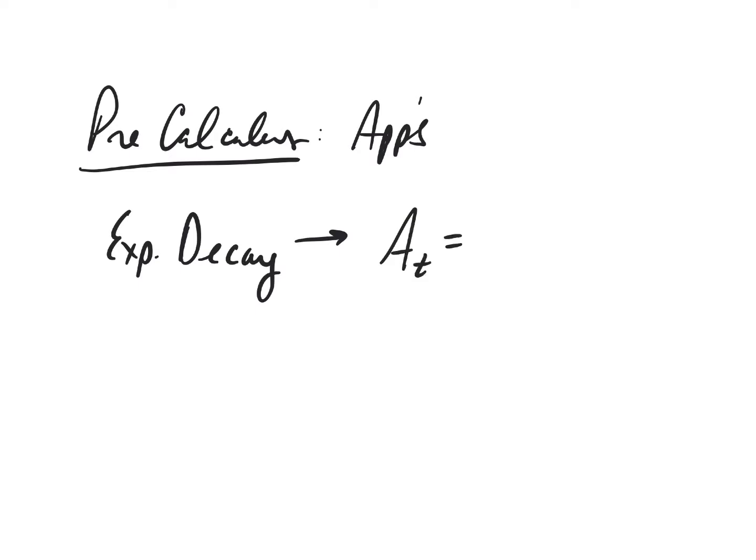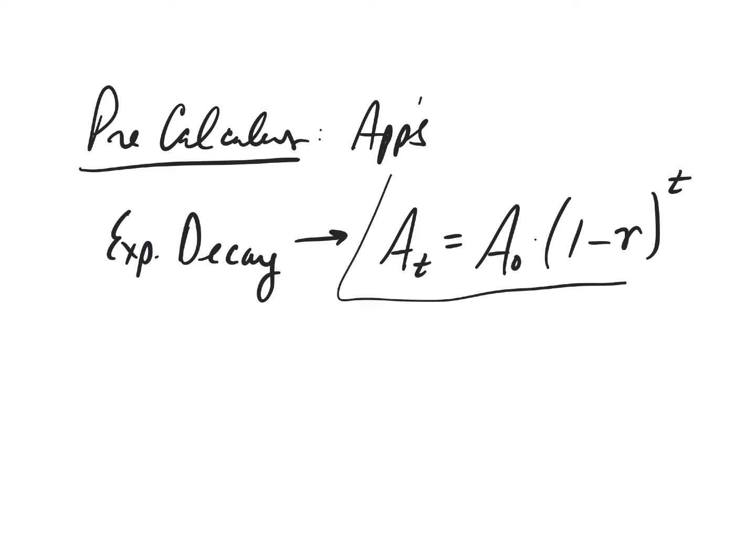It starts off with A sub t, which is still going to represent the amount at time t, A sub 0, which represents the initial amount, (1 - r), where r represents the rate expressed as a decimal, raised to the t power, which represents, of course, time. But instead of a plus in the middle of the parentheses, when it's exponential decay, it turns into a minus. So this is the equation everybody wants to have down for exponential decay.